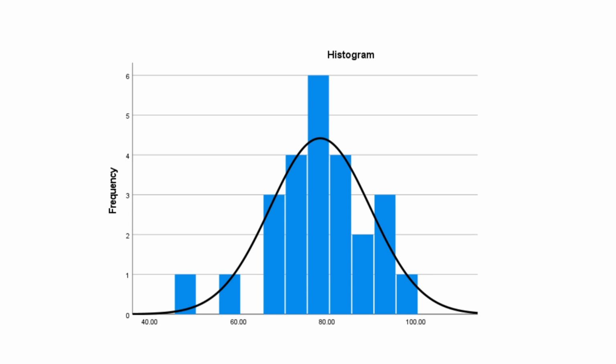And on the y-axis, you have the frequency or the number of individuals in the sample that correspond with each score. So a typical bell curve is such that most people score around the average. And as you move out to the extremes, to the very high scores and the very low scores, you end up with fewer people achieving those scores.